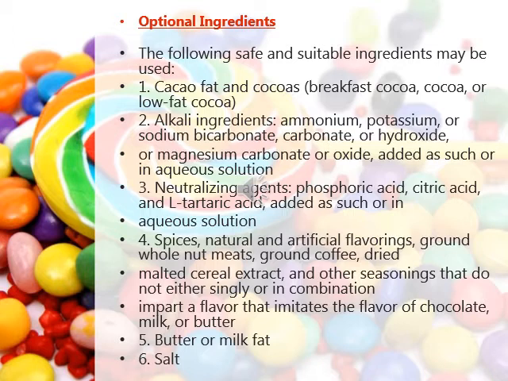Number 4, spices, natural and artificial flavorings, ground whole nut meats, ground coffee, dried malted cereal extract, and other seasonings that do not, either singly or in combination, impart a flavor that imitates the flavor of chocolate, milk, or butter. 5, butter or fat or milk fat. 6, salt.